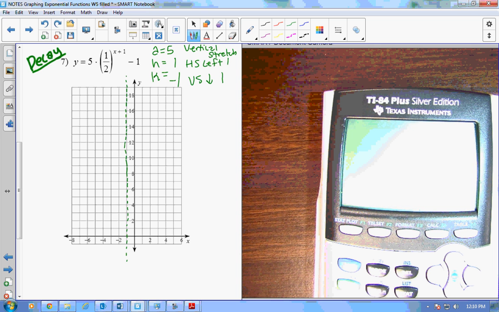Vertical shift down 1. Normally we have an asymptote at the x-axis, but going down 1, I'm going to put my asymptote right here. This is my horizontal asymptote, HA, sometimes we call it. So I've shifted my axes left 1 and down 1.